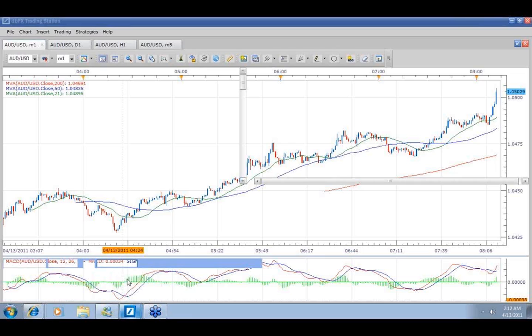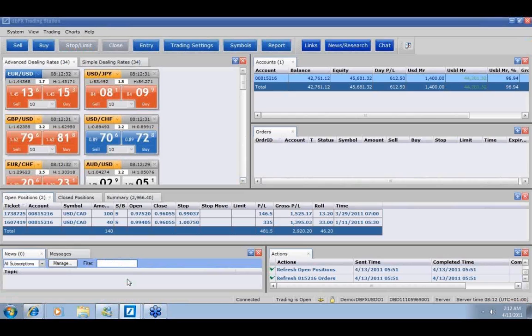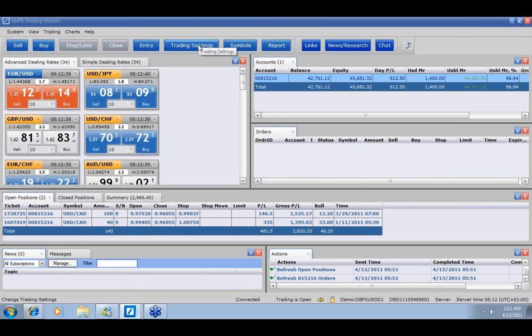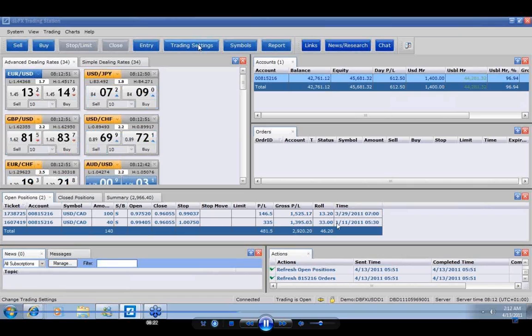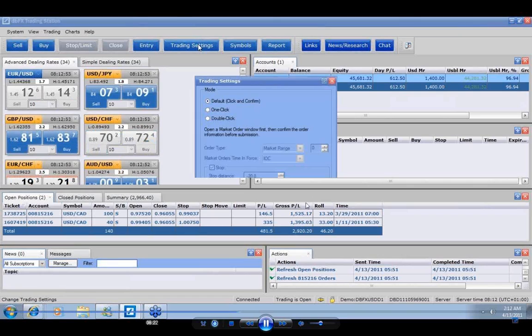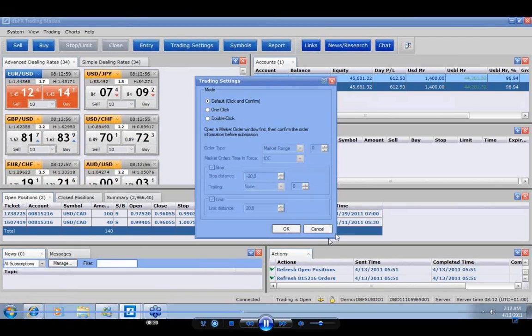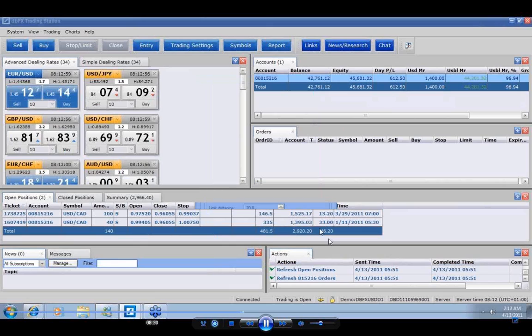Let's see if they've got reports, trade settings and symbols, links. They actually show you what they pay you on the roll for each of the currencies.